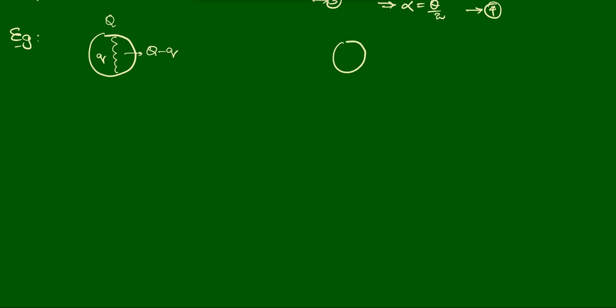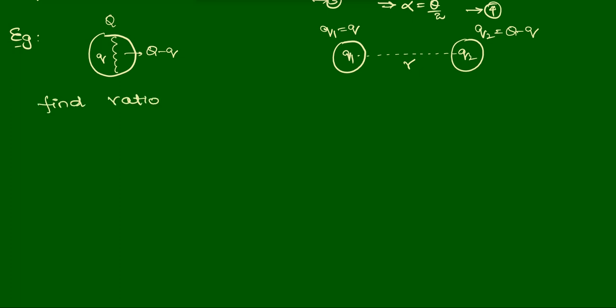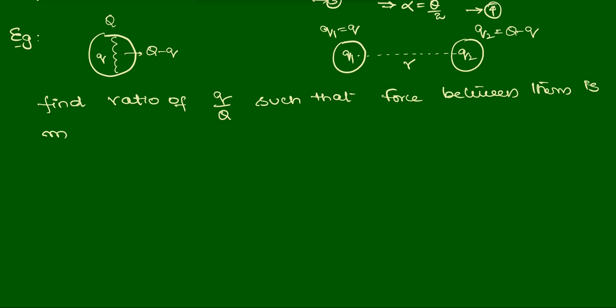Now they are separated by a certain distance R. Q1 is q and Q2 is Q minus q. So they'll ask you to find the ratio of q by Q such that the force between them is maximum.